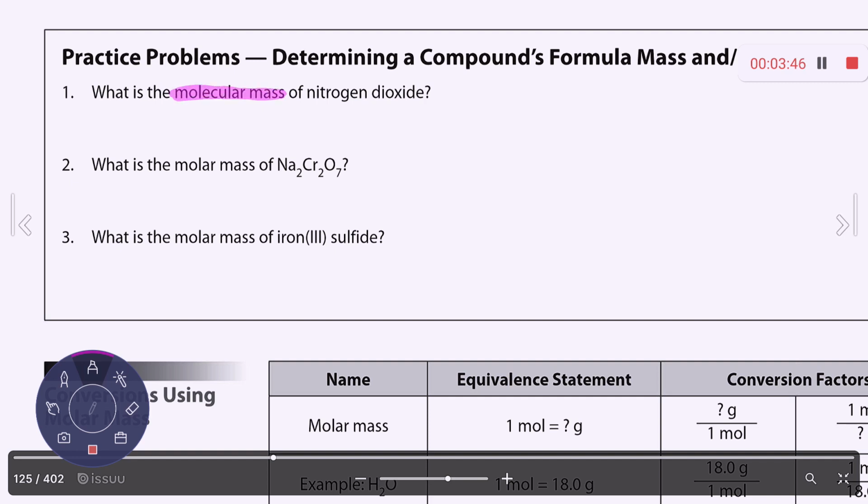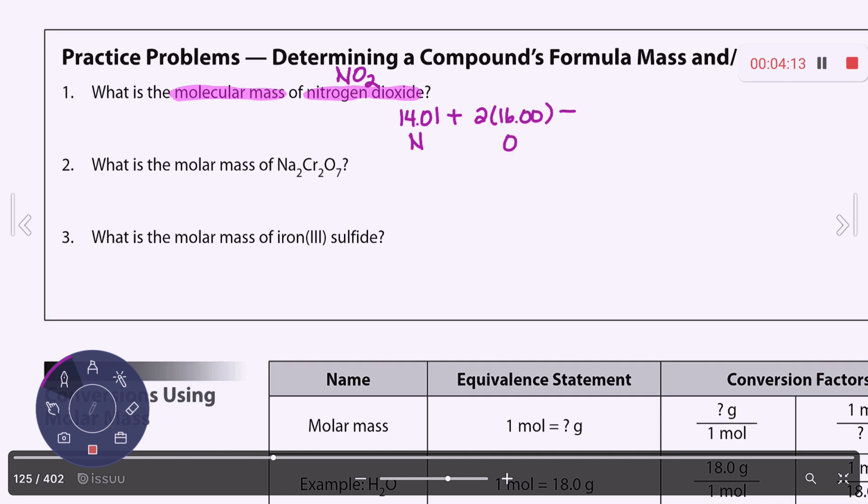Number one wants us to calculate the molecular mass of nitrogen dioxide. They assume at this point you are able to write the chemical formula given the name. Okay, nitrogen dioxide is NO2. So then if I want to calculate the molecular mass, I'm going to take one nitrogen from your periodic table, which is 14.01, and I'm going to add that to two oxygens.